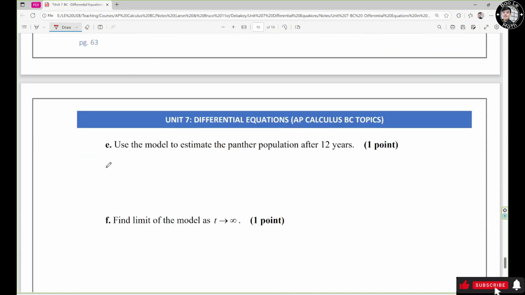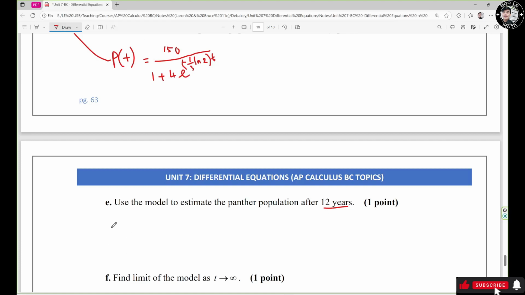Now let's move on to question E. Use the model to estimate the panther population after 12 years. So we're going to use this one right here. So we have P of 12 equals 150 over 1 plus 4 times e raised to the negative 1/3 natural log of 2 times 12.